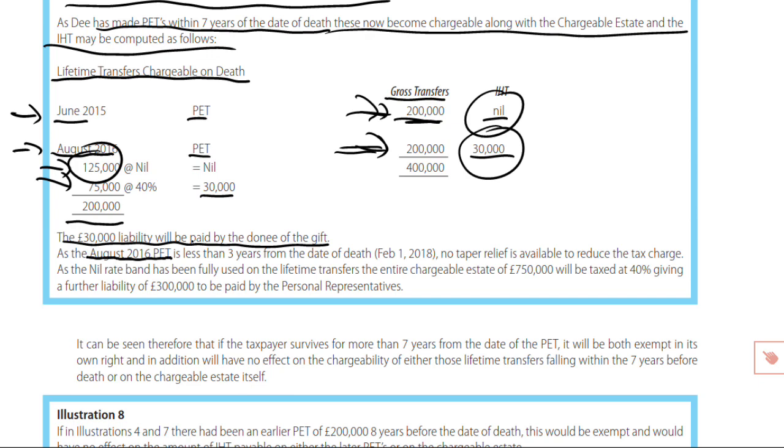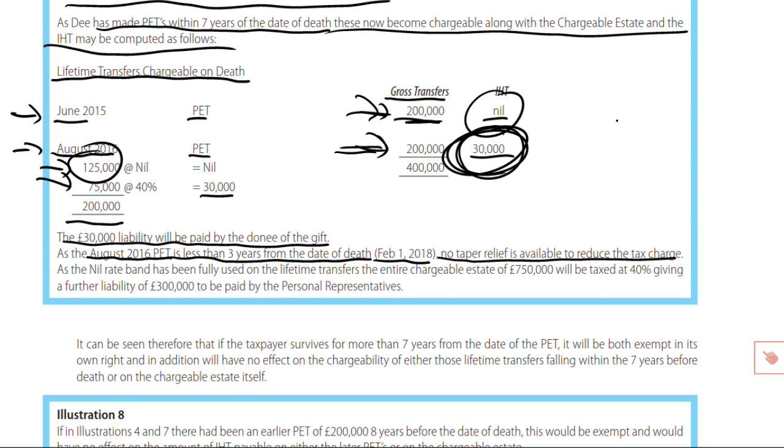So, as the August 2016 pet is less than 3 years from the date of death, that was the 1st of February 18, remember, there will be no taper relief available here to reduce the tax charge. If we had survived for more than 3 years but less than 7, it is chargeable. More than 3, it is the tax charge that will be reduced by taper relief.